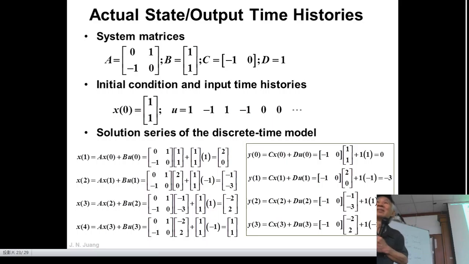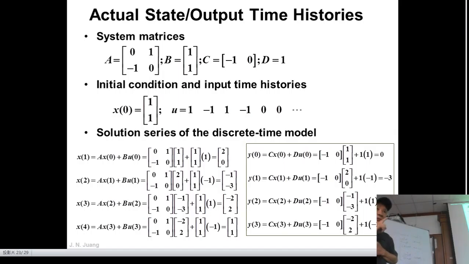I use computation to simulate and get my true y. This is my true initial state, and this is my true ABCD. Keep in mind that what we need is ABCD, u, and y.